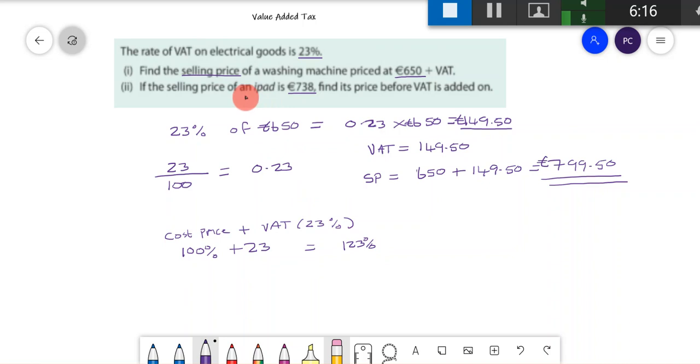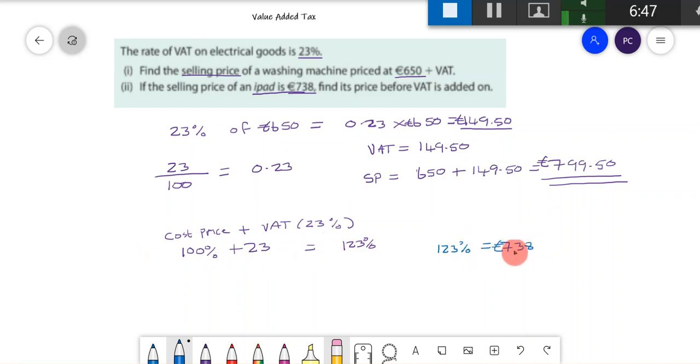So what we can say is that this price that they've given in the question is equal to 123%. I'll just do this over here. 123% is equal to €738. That's the cost price, which is 100%, plus the 23% VAT.